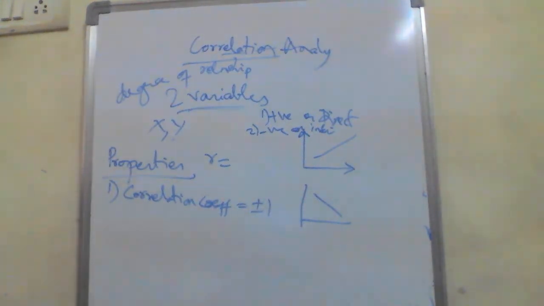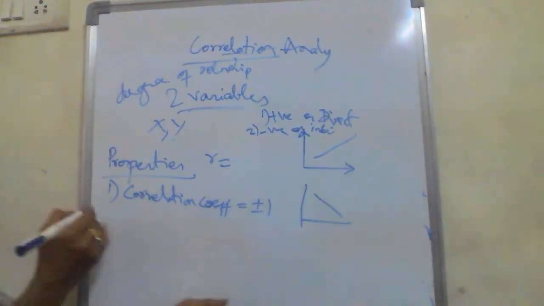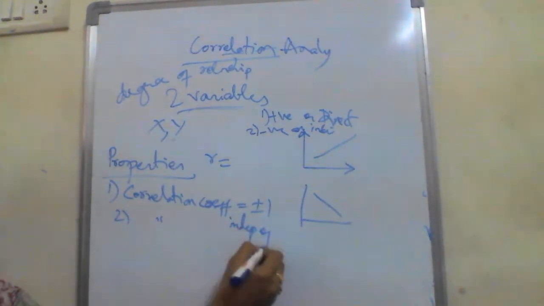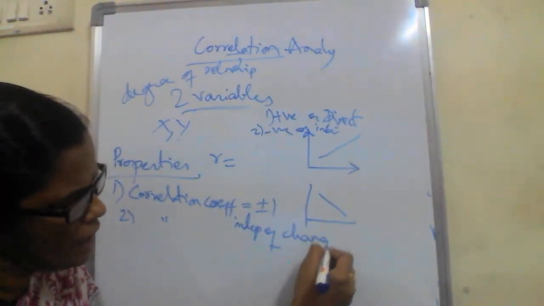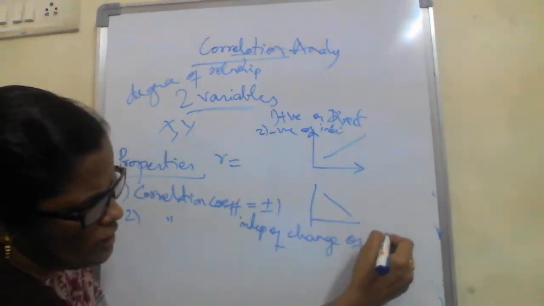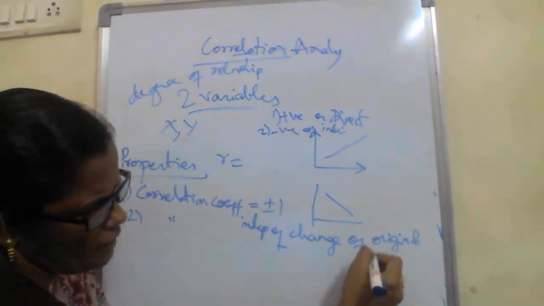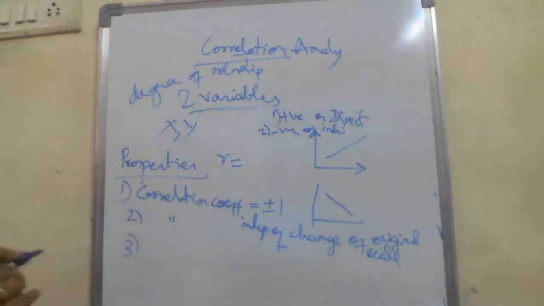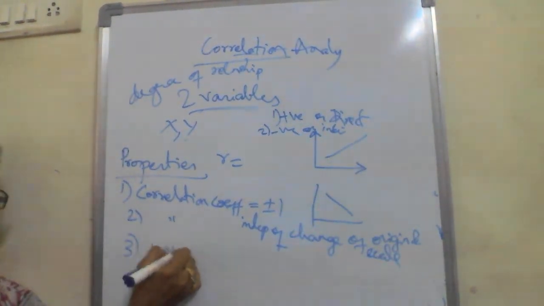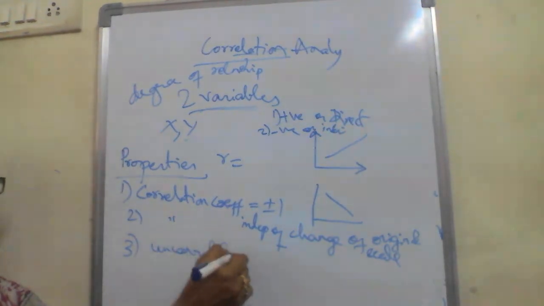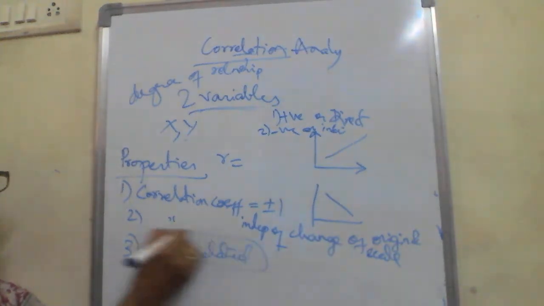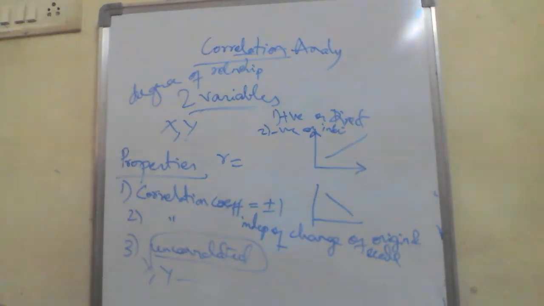The second property is that the correlation coefficient is independent of change of origin and scale. The third property is that two independent variables are uncorrelated. If x and y are independent, that means they are uncorrelated. There is no correlation or no relation between them.